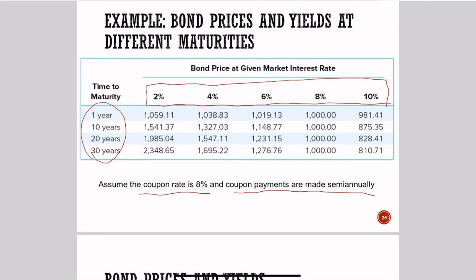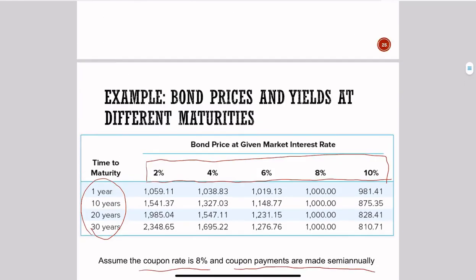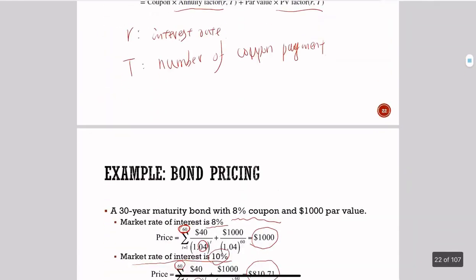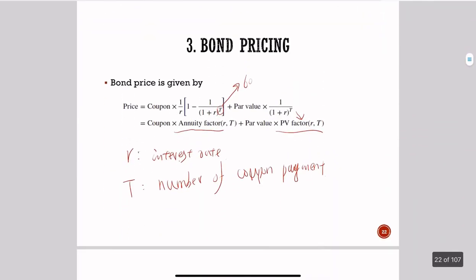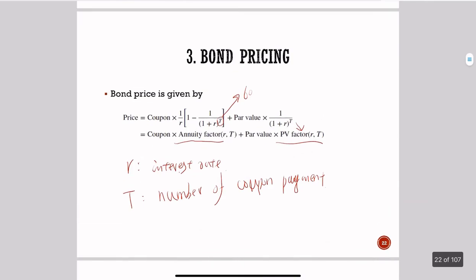Now, if you're given these data, if you have the time to maturity, the interest rate, the coupon rate, and you know it's semi-annual coupon payments, then use this bond pricing formula.